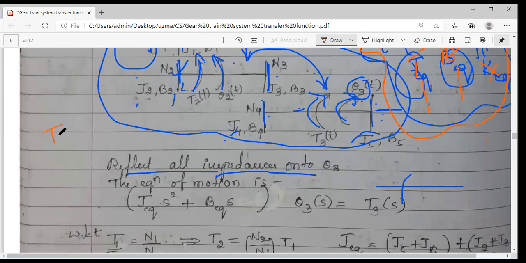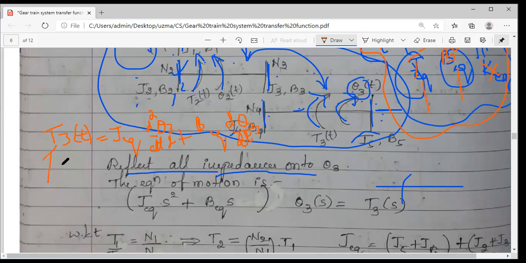First, T3 of t is equal to J equivalent d by dt square of theta 3 plus B equivalent, single time differentiation, d by dt of theta 3. I think this is over. There is no K term.